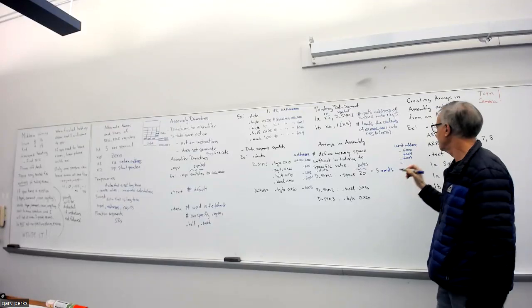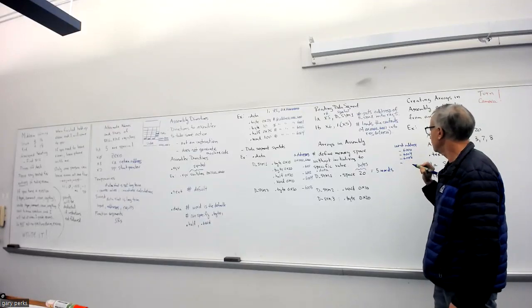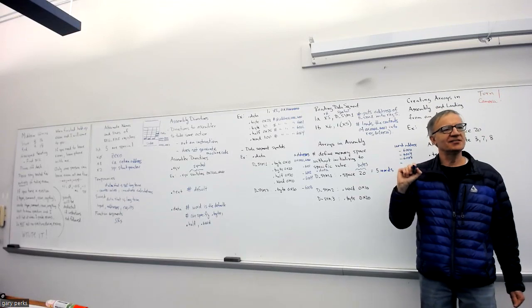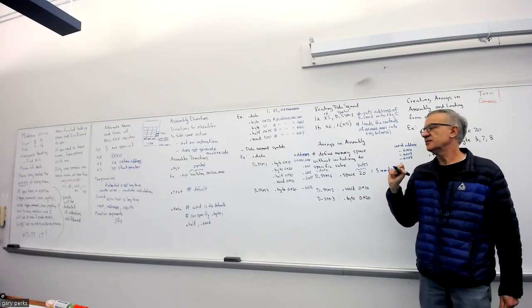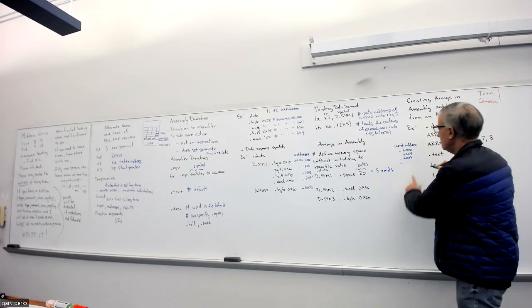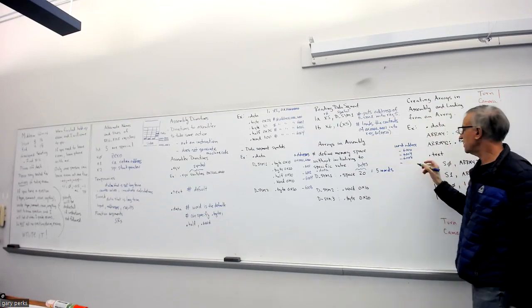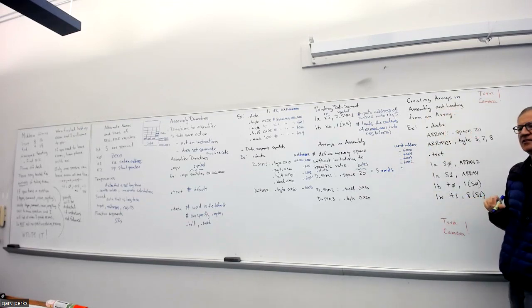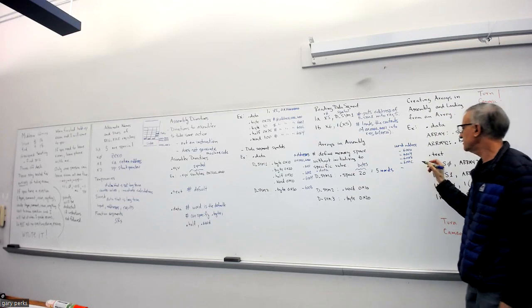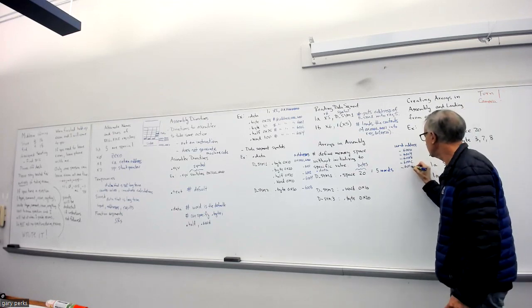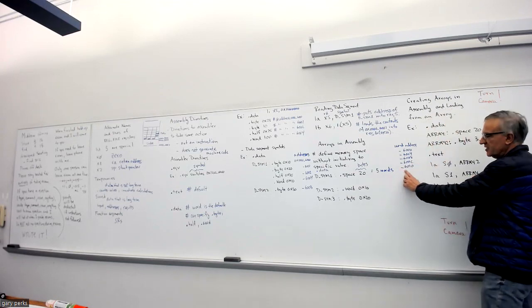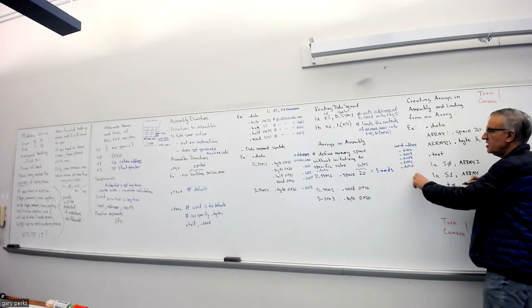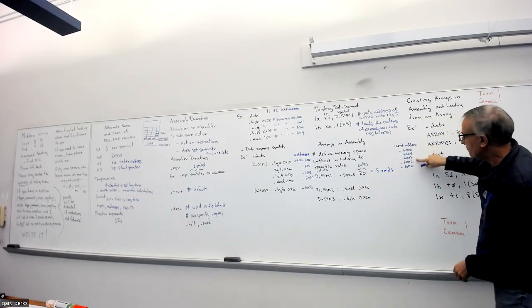Then 6,00 what? It would be C, right? So C is 12, and so 6,00C. And then 6,010, right, because that's 16. So those would be the 5 word addresses.